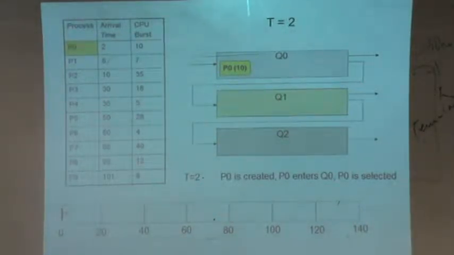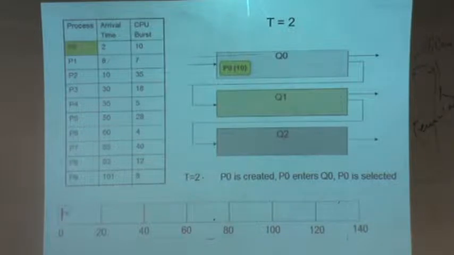Q0 should take the CPU resource; even though there are processes, Q1 and Q2 cannot get it. So Q0 has one process that requires 10 CPU burst time. What is the time quantum of Q0? 8. So process 0 can get 8 CPU time.